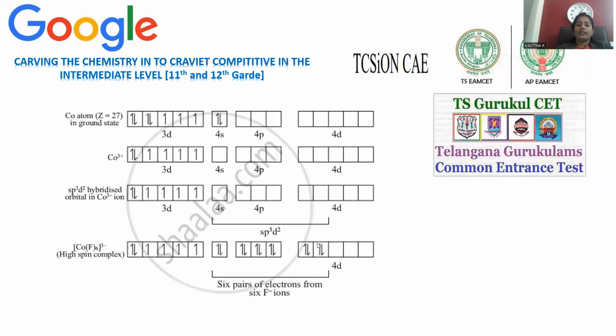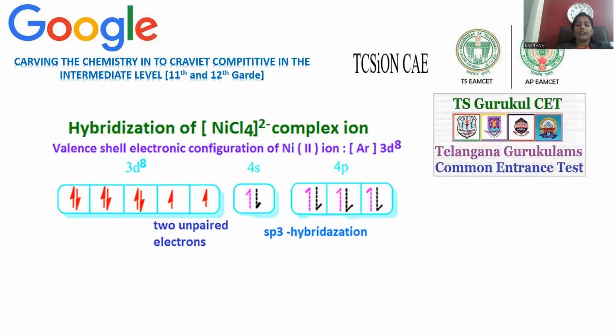Move on to nickel tetrachloride, the minus 2 anion. For that, we have to examine how the hybridization will be, how the electronic configuration will be. In case of nickel, again a 3d8 system, the 4s orbital is having two electrons.